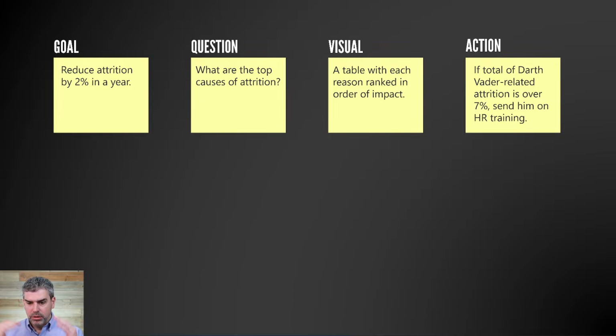So we're noticing that Darth Vader drives a lot of attrition, right? And it could potentially get up to 7%. So if Darth Vader goes on that training, and who knows if he doesn't kill everyone in the training, he might attrite fewer people over time, and that can help us do a little bit better.